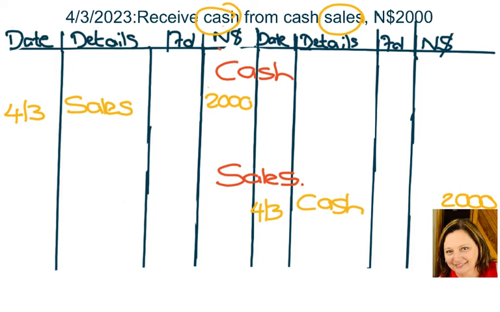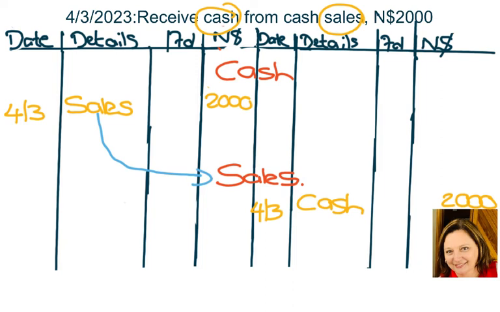Let's quickly look at the transaction again. We had cash that we received from sales. Sales is the income increase on the credit side. Cash is the asset increase on the debit side. Within my cash entry in the cash account, my details was sales, and that referred to my sales account.